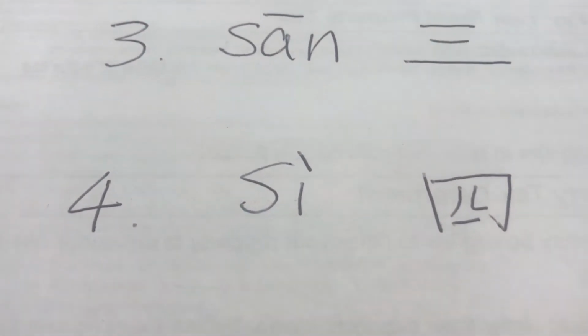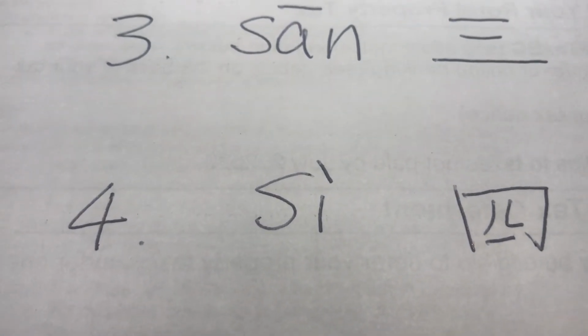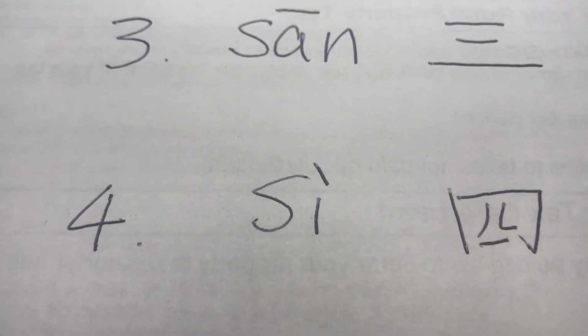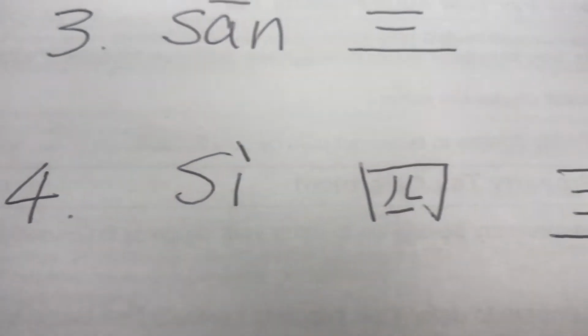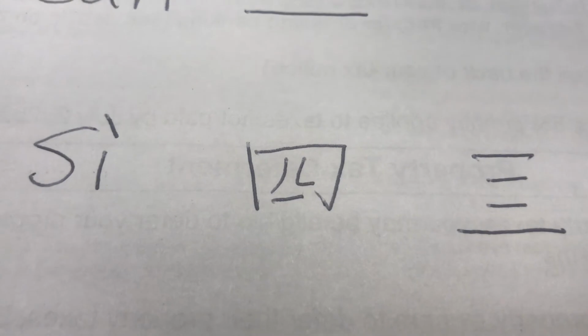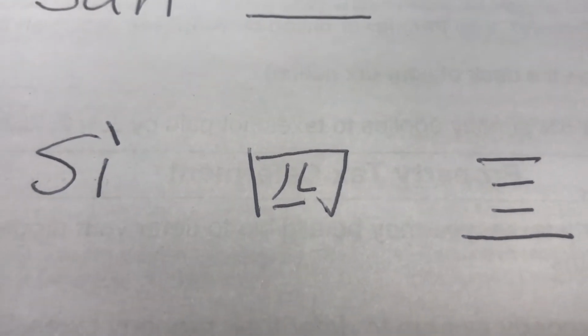Now let's look at 4. 四, falling tone. Engraved on the oracle bones, this character was written as 4 horizontal lines.